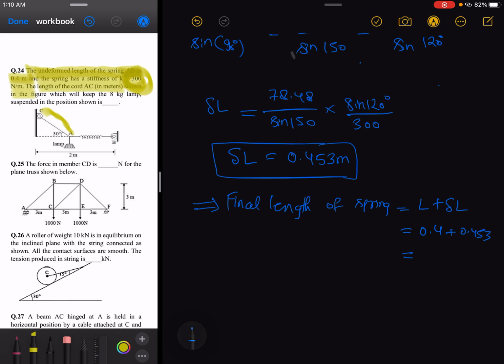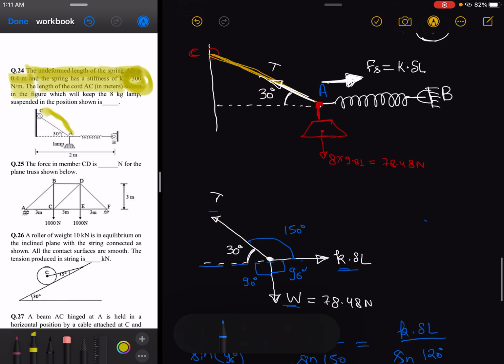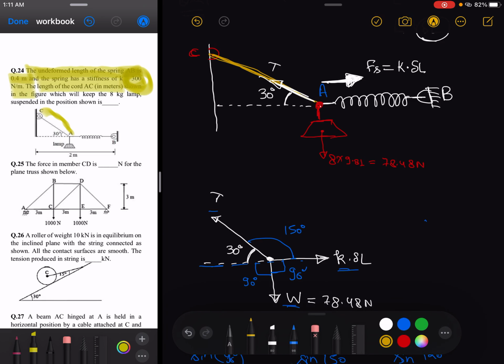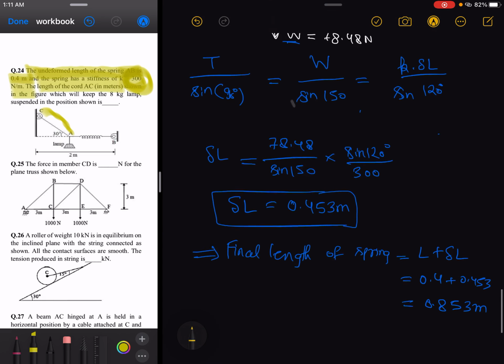So if you solve this, you will get 0.853 meters. If you observe carefully, this distance is L plus delta L. This distance is L plus delta L.